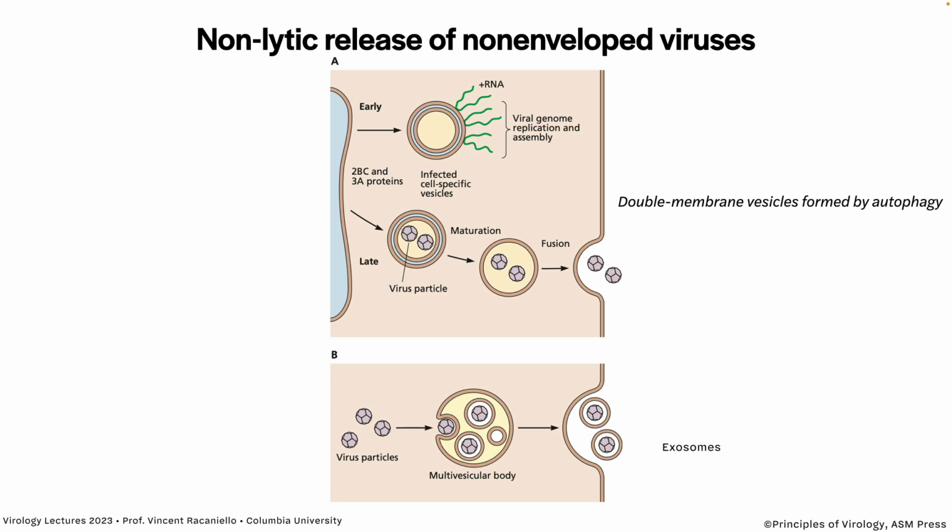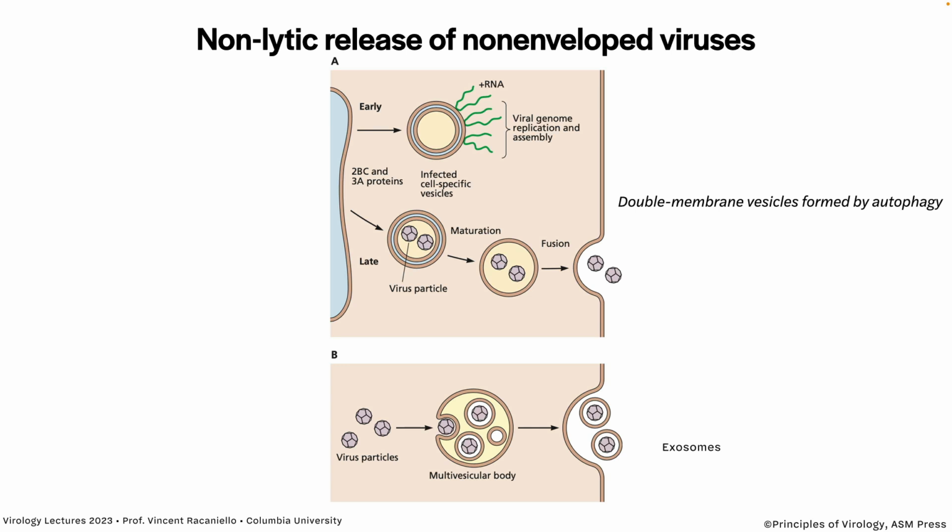And these vesicles are essentially formed by a normal process called autophagy. What autophagy does, when a cell feels like it's going to die, is generate these vesicles that grab pieces of the cytoplasm and throw them outside for someone else to use.